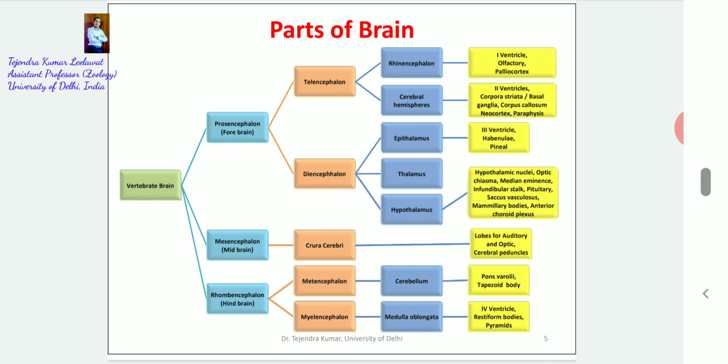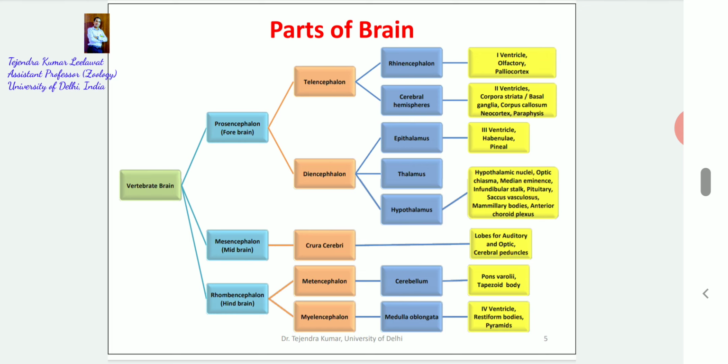Epithalamus has the third ventricle, habenula, and pineal body.